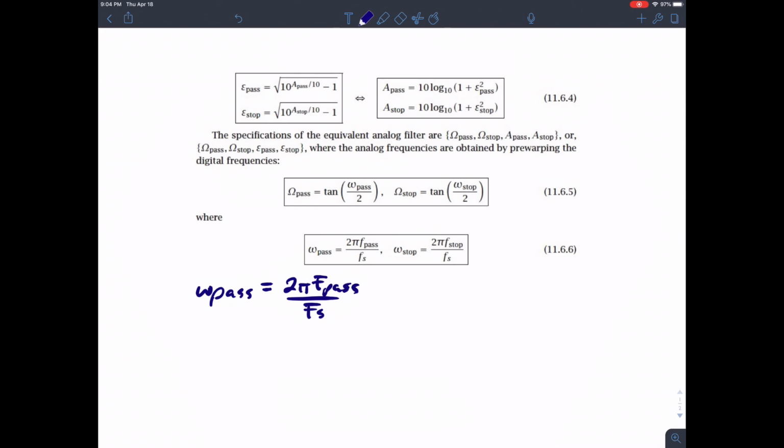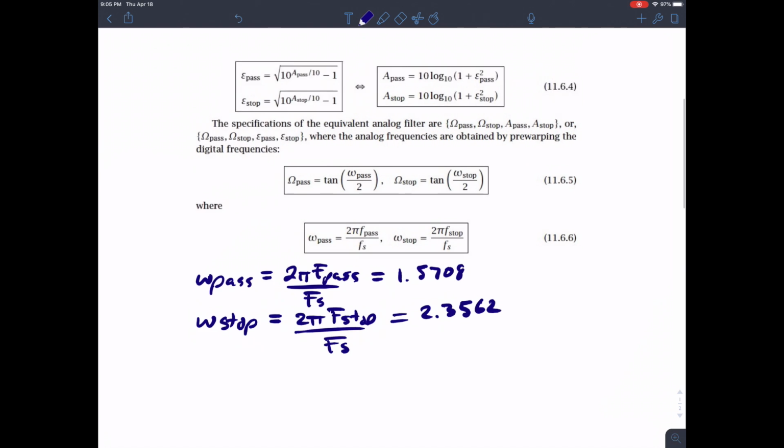You calculate that number, and I did that in MATLAB and get 1.5708. Then we do the same thing with omega stop, the normalized frequency, 2 pi f stop divided by fs. F stop is 15 kilohertz, fs is 40 kilohertz. Plug the numbers in, you get 2.3562. You can check that.